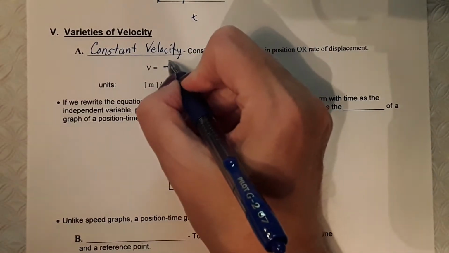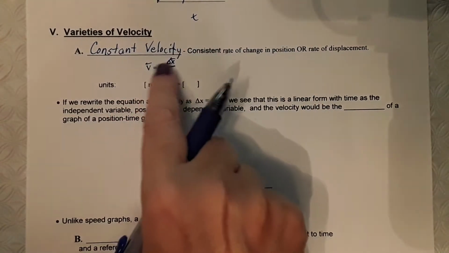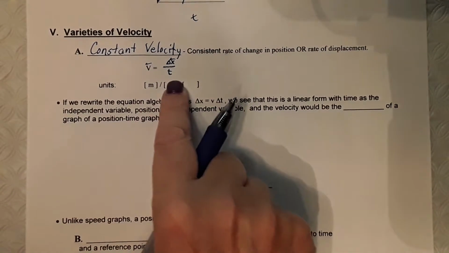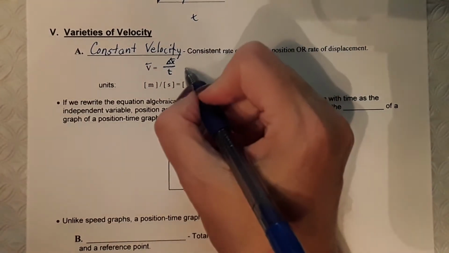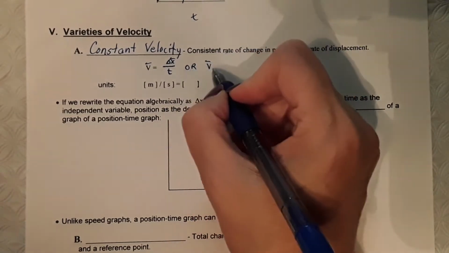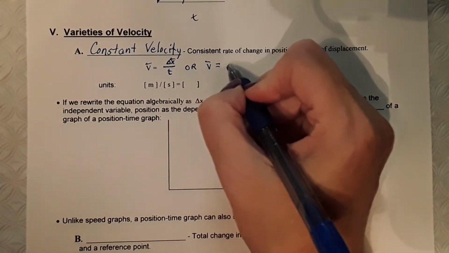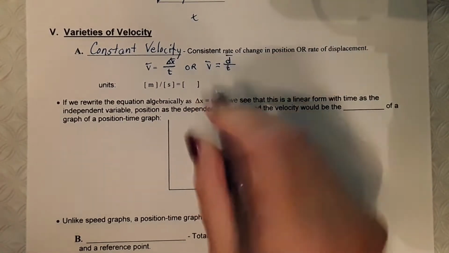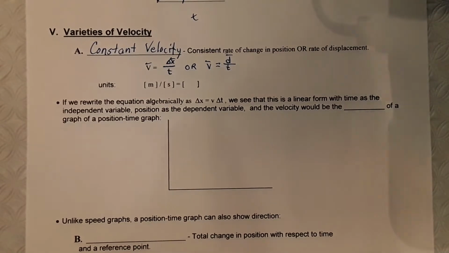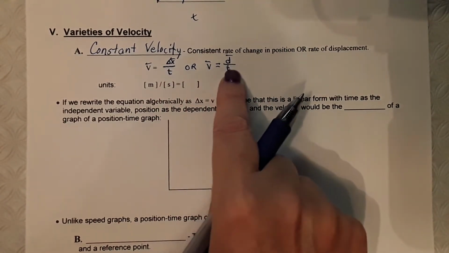So you could write it as change in position, which is a vector quantity, and put our little vector symbols on there, and time in the denominator, because that makes it a rate. Or we also could say that the constant velocity is the rate of displacement, since delta x and d are the same. Very much like speed, the units come from what's in the formula.